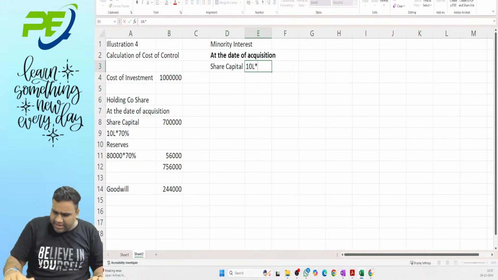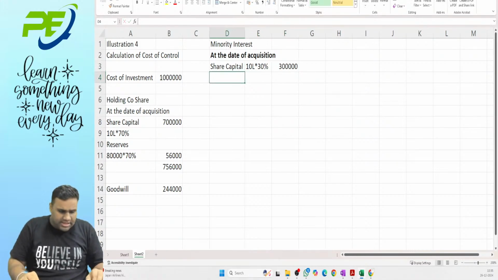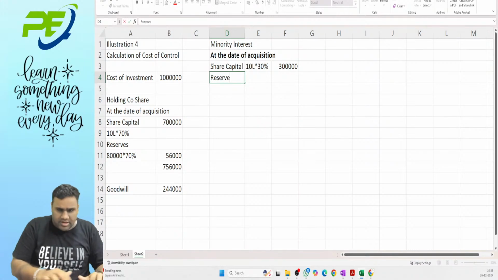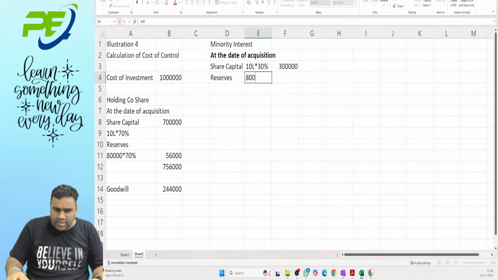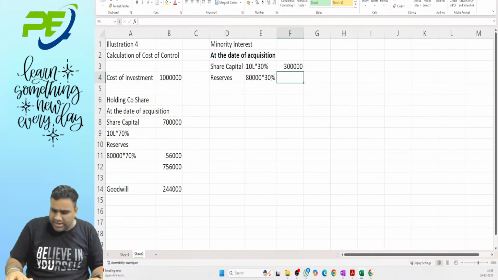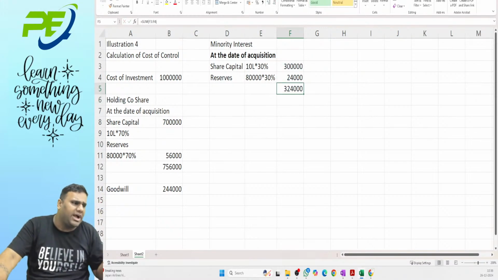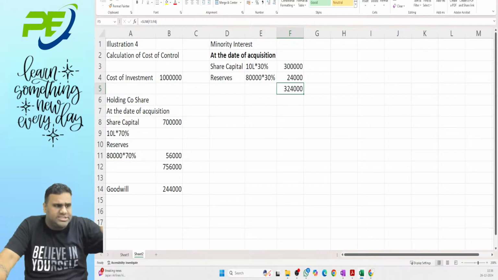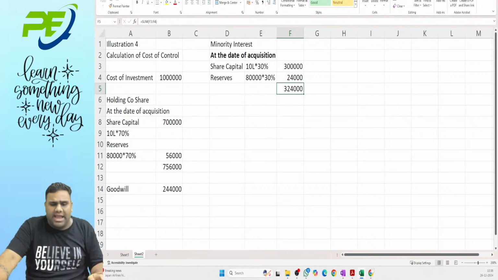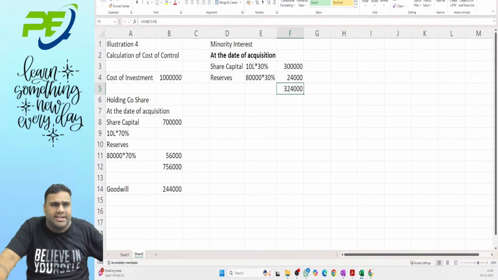So 10 lakh into 30% is 3 lakhs. Then reserves, 80,000 into 30% is 24,000. So my total is 3,24,000. At the date of acquisition, my minority interest is 3,24,000. Can I continue? Yes.